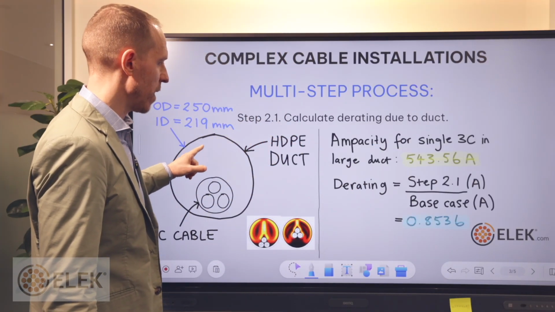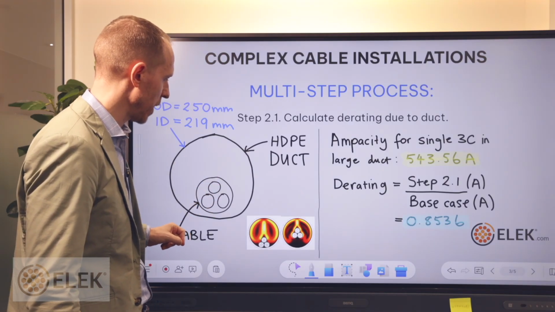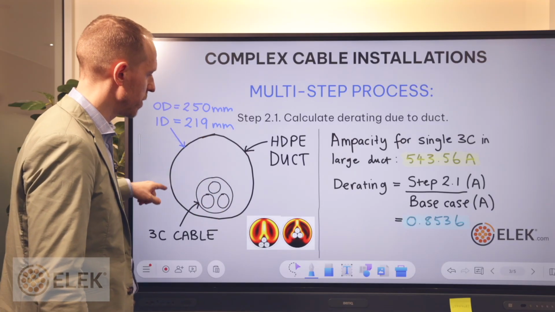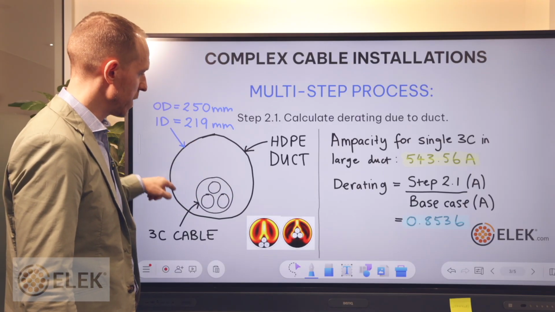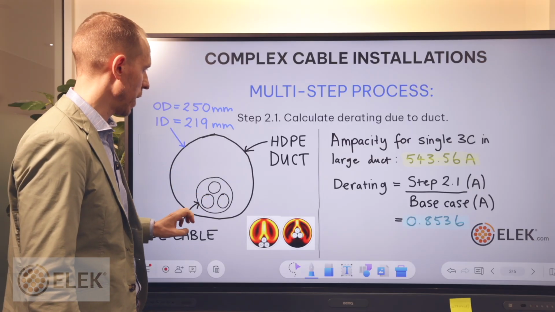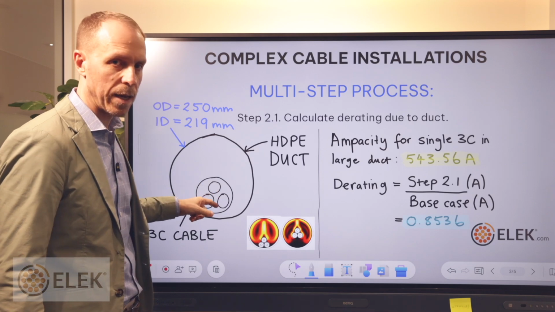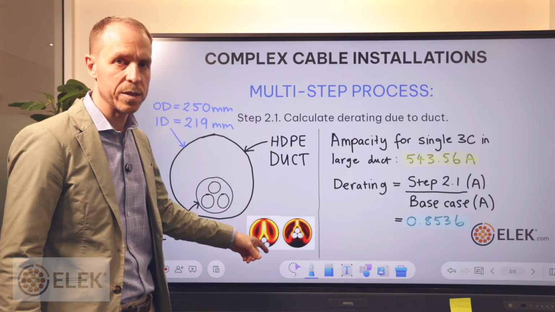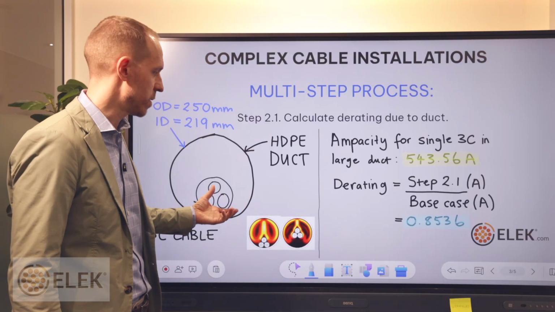Next, step 2.1. We need to figure out what would be the ampacity of a single 22 kV multi-core cable, the same cable type, installed inside the same duct from the original installation. So this would be the same duct size that would house two 3-core cables. So this is the size of the duct. This is one of the cables. Now what happens inside the duct is the cable heats up some air inside the duct, and that causes heated air circulation inside the duct.